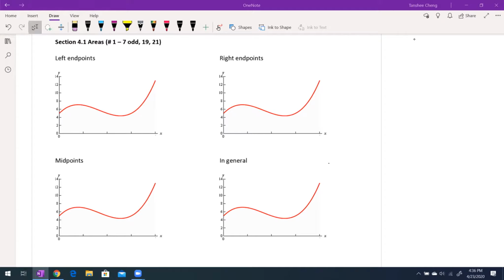So let's say this is a function f, the curve of function f, and I want to find the area between this interval a and b.